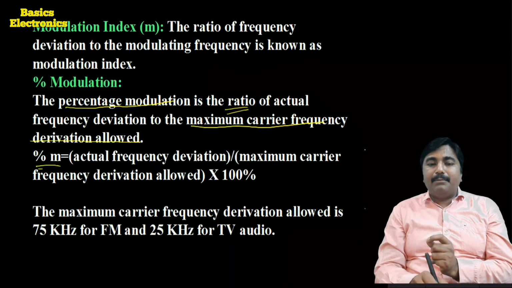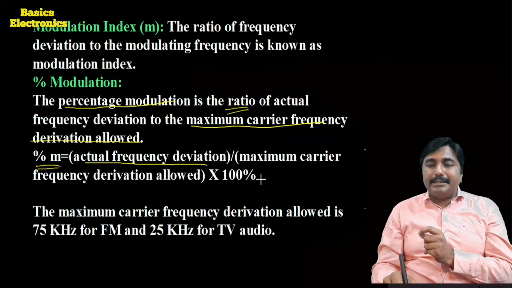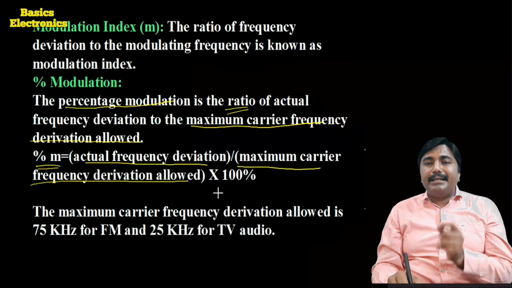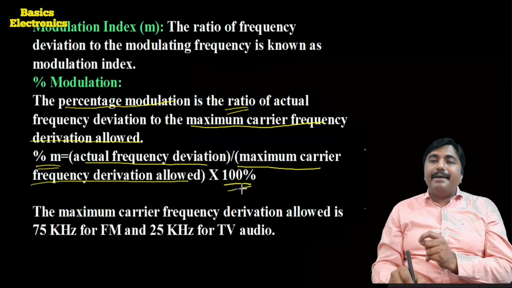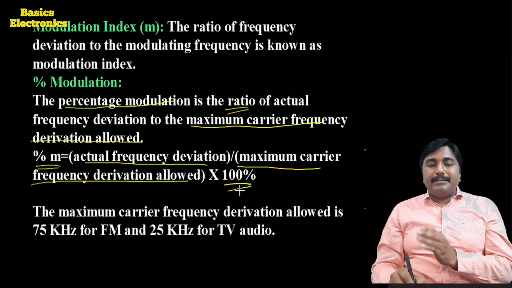Its formula is given as percentage M equals the actual frequency deviation to the maximum carrier frequency deviation allowed, multiplied by 100%. Then we get the percentage modulation.